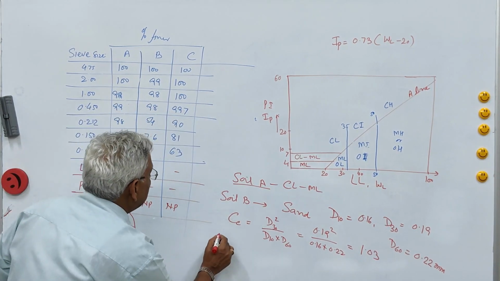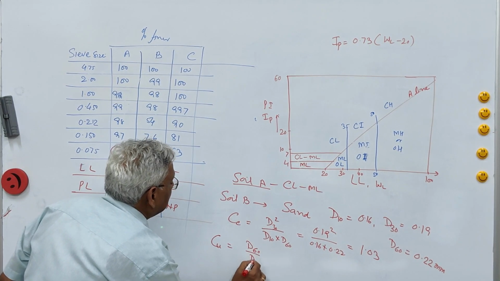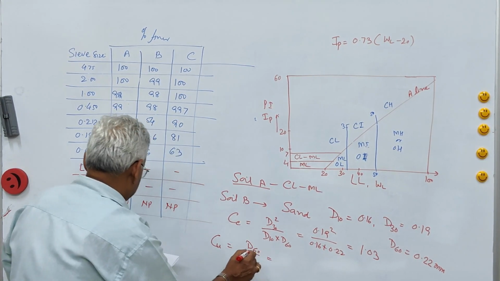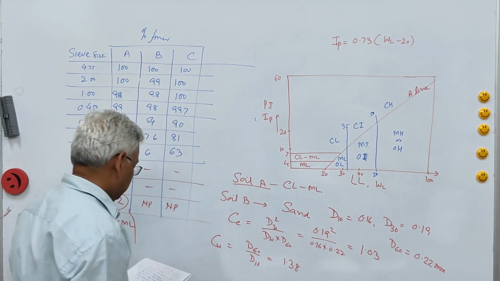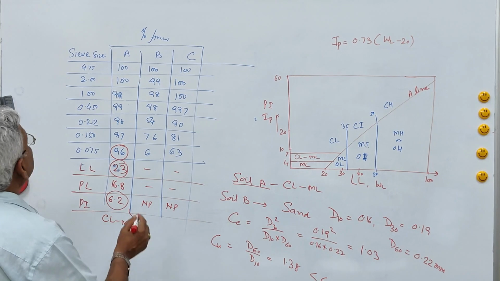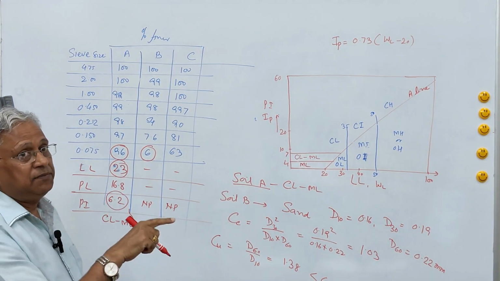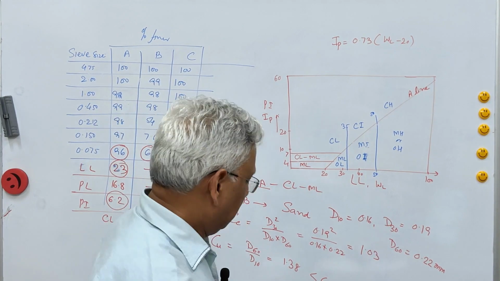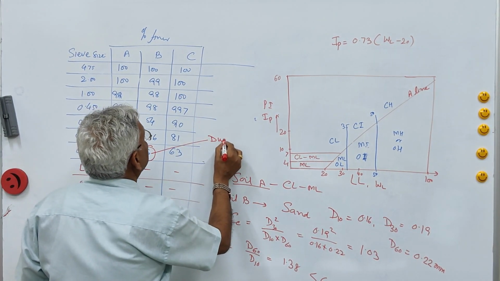And similarly, you calculate the coefficient of uniformity, D60 upon D10, and this value is 1.38. Now this is less than 6. And this material passing 75 micron lies between 5 and 12%, and therefore it should have a dual symbol.